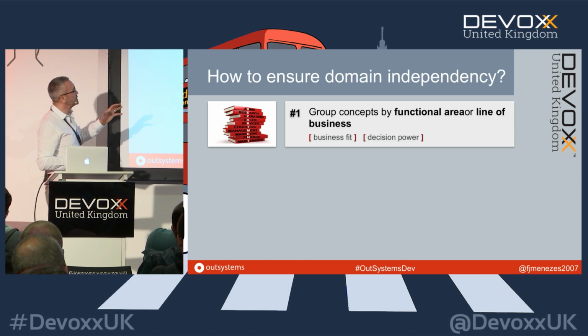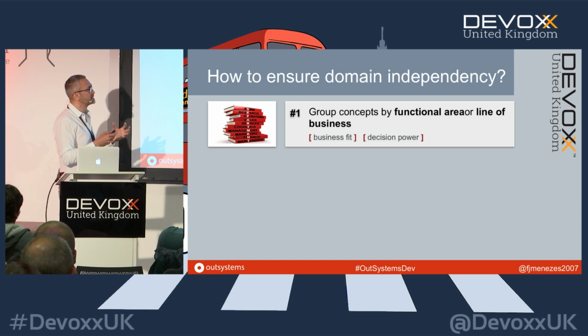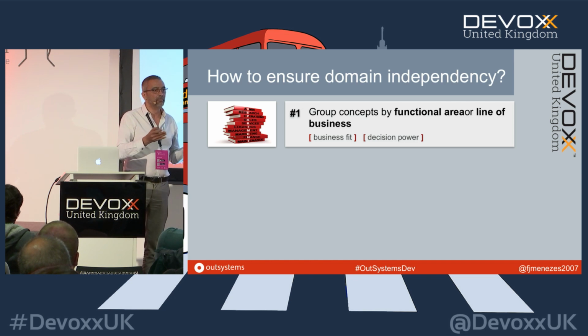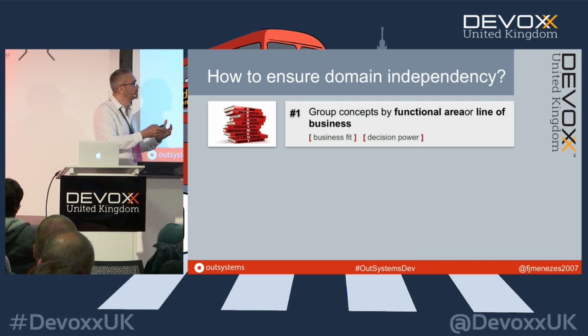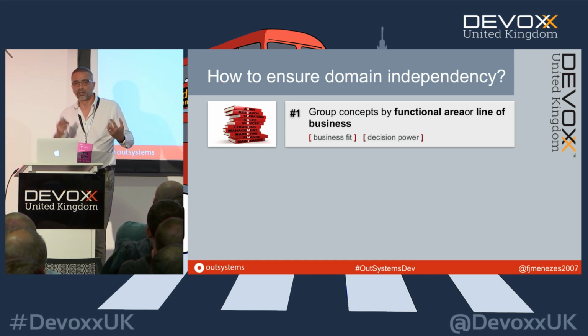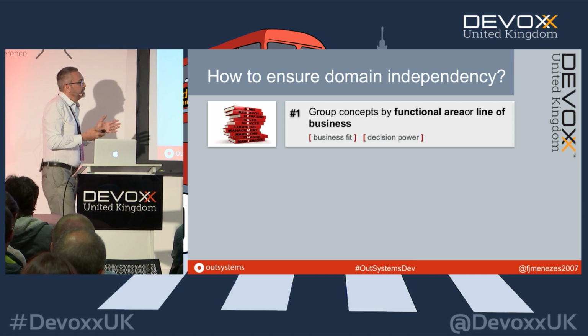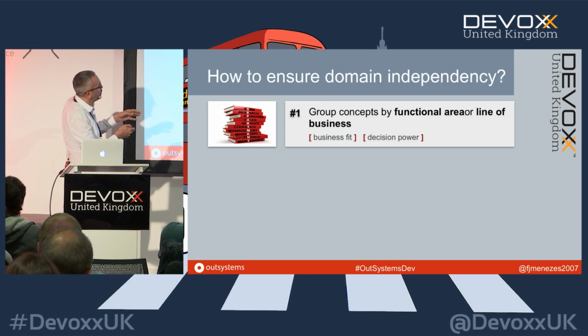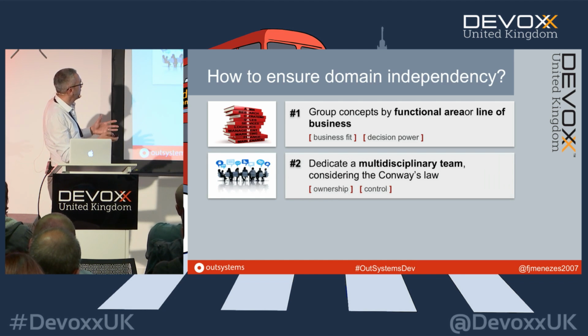The first one is you should group concepts by functional areas or line of business inside of a domain. You should not mix two different types of knowledge, like financial knowledge and human resource knowledge, in the same domain, because if you do, you don't have so much business fit and decision power, right?